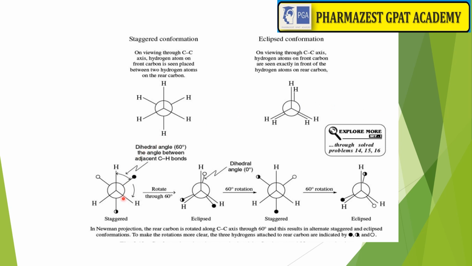This is the representation of ethane conformers using the Newman projection, where the circle represents the rear carbon and the lines represent the front carbon, showing the difference between eclipsed form and staggered form.